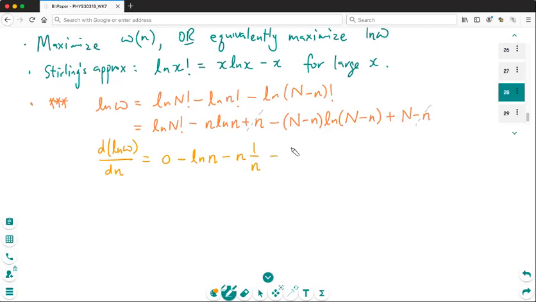First, I keep log of big N minus n, then I differentiate this, I get minus 1. So there's a minus sign here. And then I keep big N minus n. I differentiate log of big N minus n, I get 1 over big N minus n, and I have to differentiate this again, I pull out a minus sign.